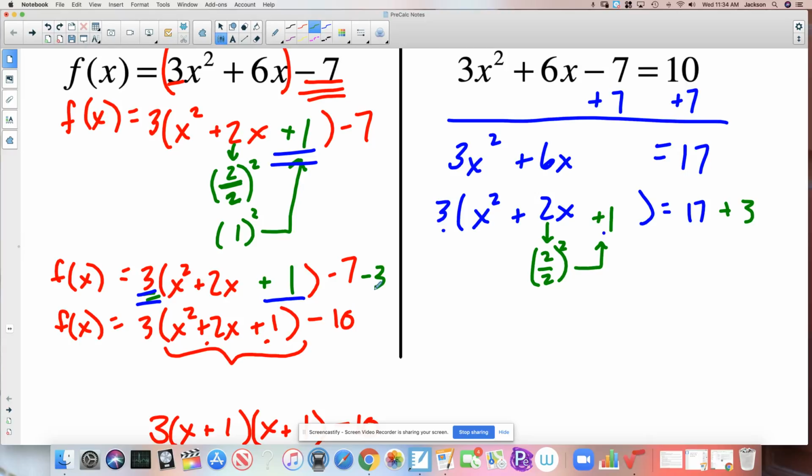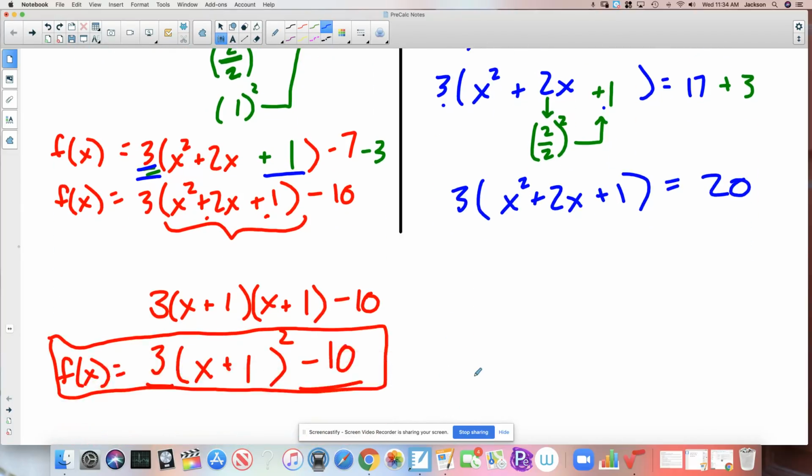Before, in this problem, I had to undo it because I'm not keeping the balance. I'm just trying to rewrite this. Now over here, because it's an equation, whatever we do to one side, we can do to the other. From this point forward, everything's going to look the same as it did over here.